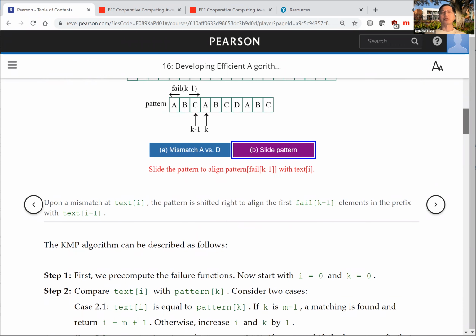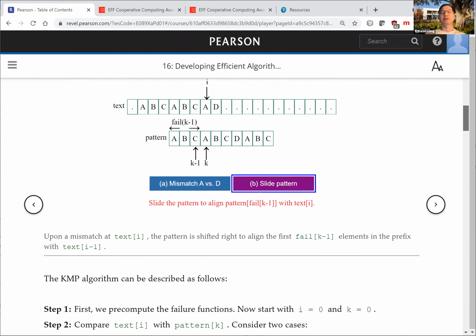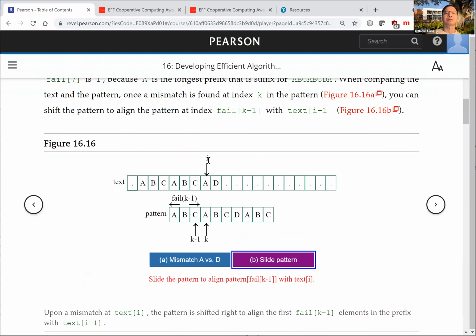We can pre-compute the fail function. When you do pattern matching using the KMP algorithm, every time you make one comparison, you move one position. There's an index i here, and it moves.